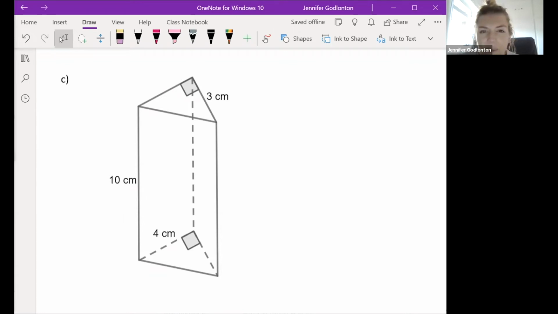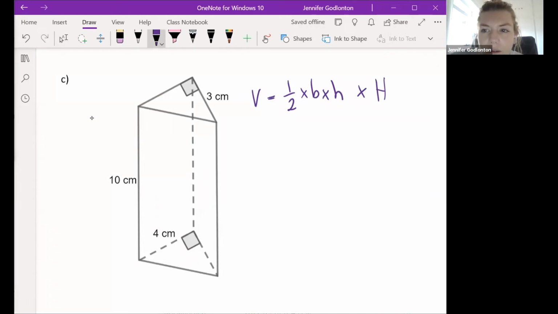All right, Burlington, have you got an answer for me? Since we're doing the volume, not surface area, volume is half times base times height, and then times our big height, the extra height.